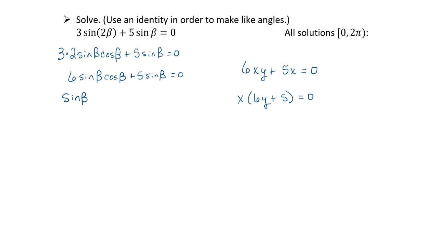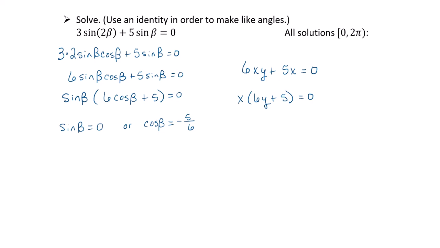So we're doing a very similar process, looking at this term and saying, well, the sine beta is our greatest common factor. Let's take that out. And then I'm left with 6 cosine beta plus 5 equals 0. Then I go ahead and solve. Sine of beta equals 0, or cosine beta is negative 5/6.